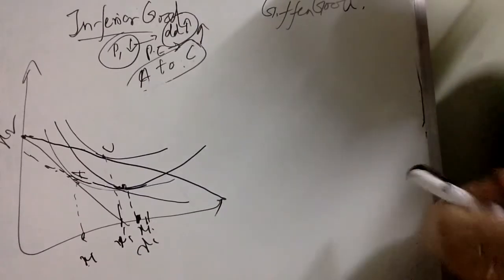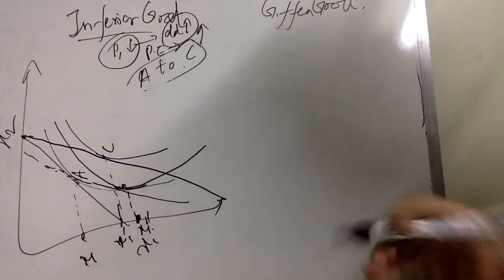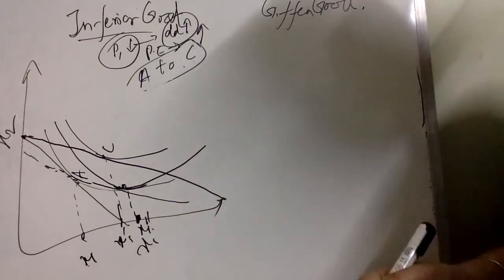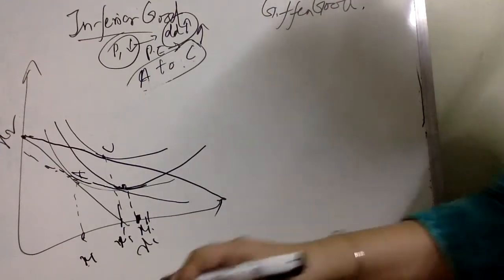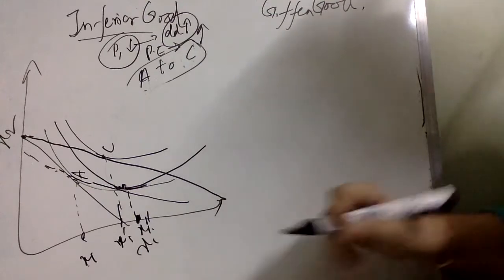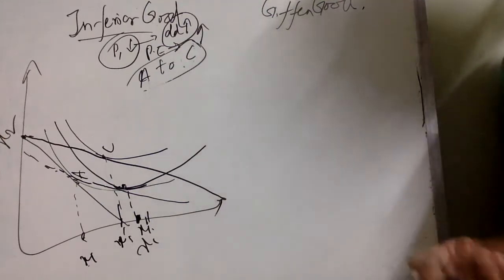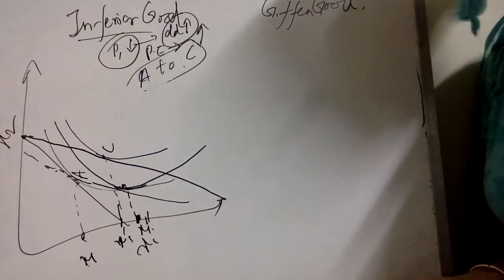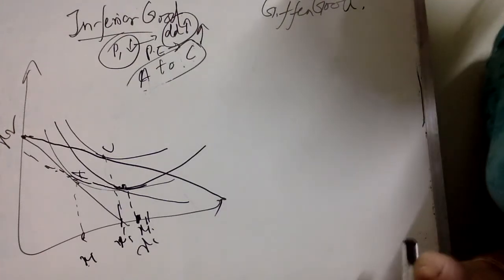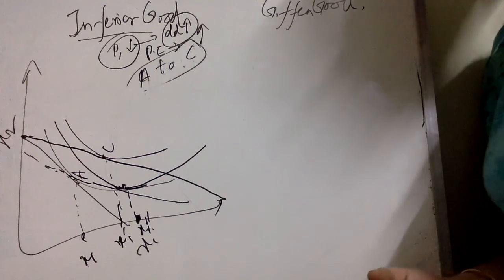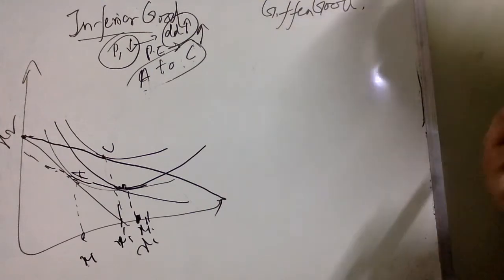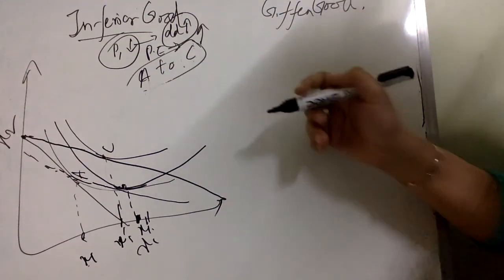So remember I had stated positive substitution effect means inverse relation between demand and the price. So price falling, demand is rising, usual substitution effect. Now because of income effect, what is happening? So I feel that because my real income has increased as a result of fall in the price, my real income has increased, the consumer will tend to increase.